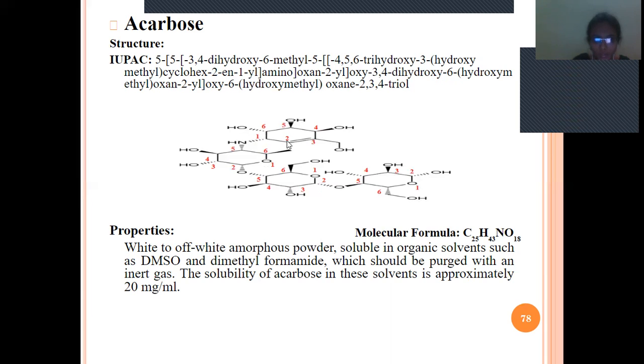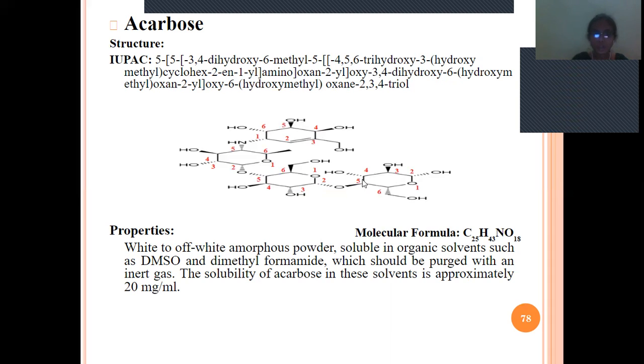This is the cyclohexane, and here oxane-2-yl, and here 3,4-dihydroxy-6-hydroxyethyl. This is the structure of the oxane, and here oxy 6-hydroxymethyl oxane-2,3,4-triol.